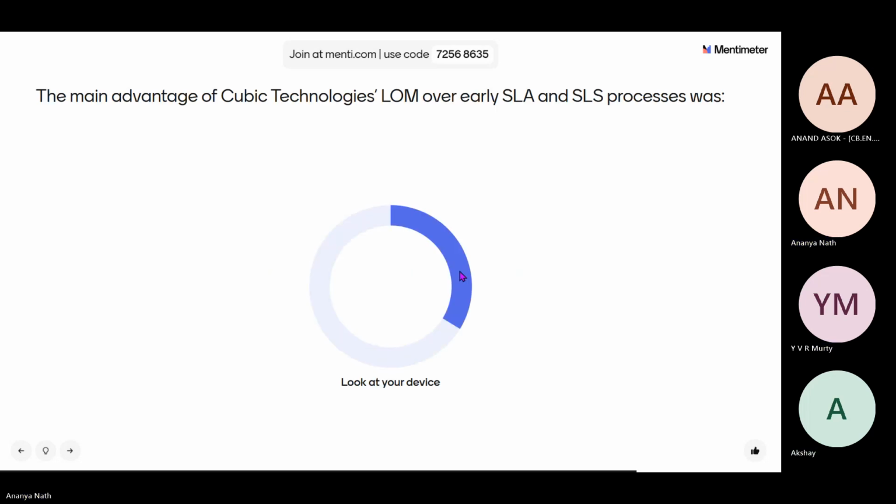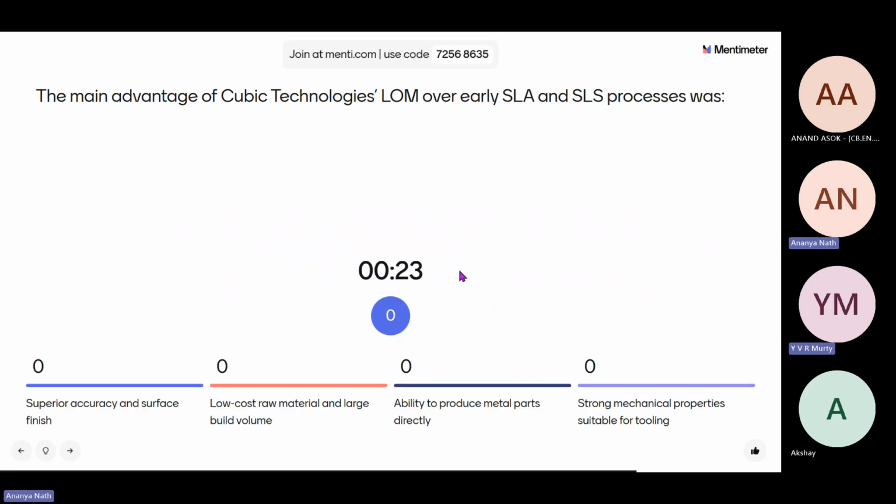Okay, then. Main advantage of LOM over early SLA or SLS. I think we can read the question carefully.